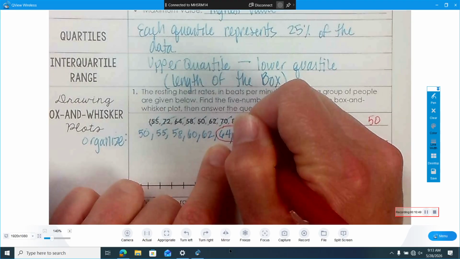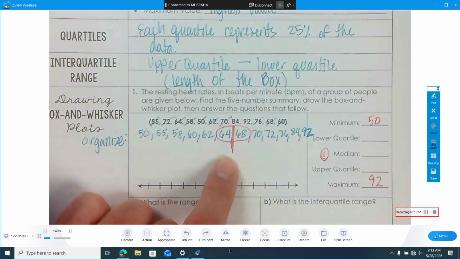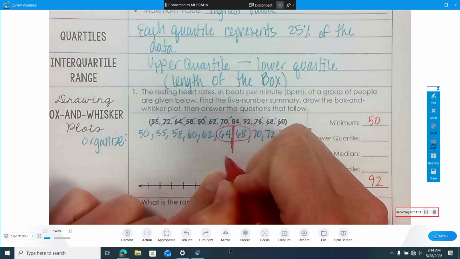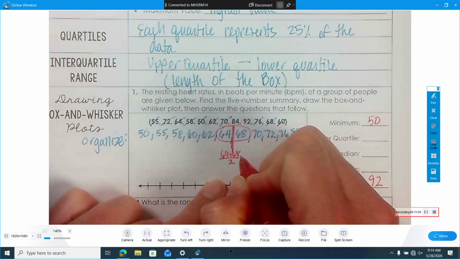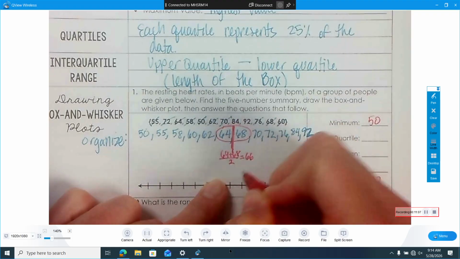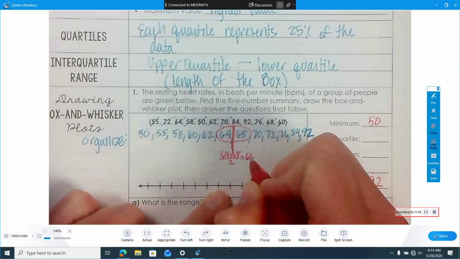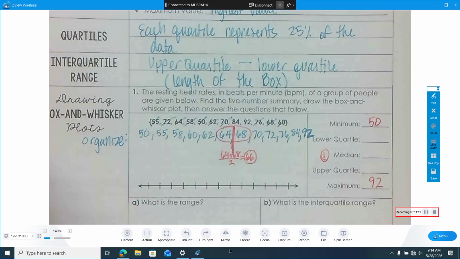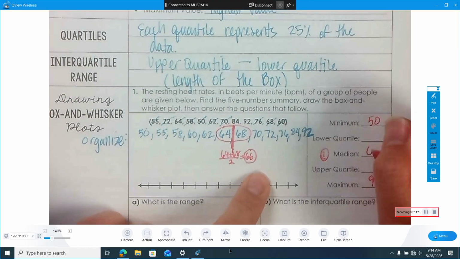So what's in the middle here? 66. Now, what if the numbers were more challenging? How would we find the middle? Add them and divide. So 64 plus 68 divided by 2 is 66. But this one was pretty easy. So that is our median value, and I'm going to put that right here, 66.